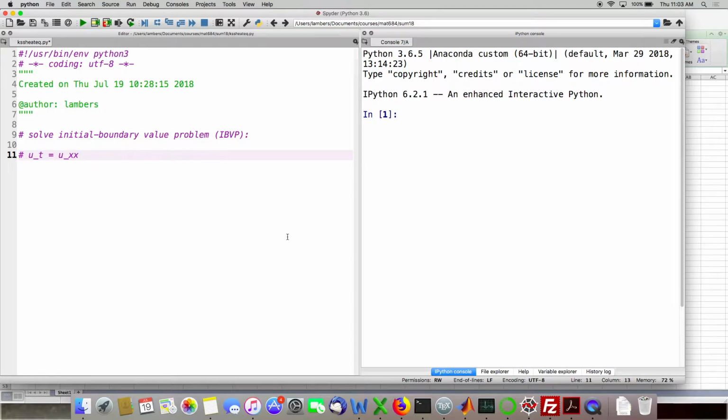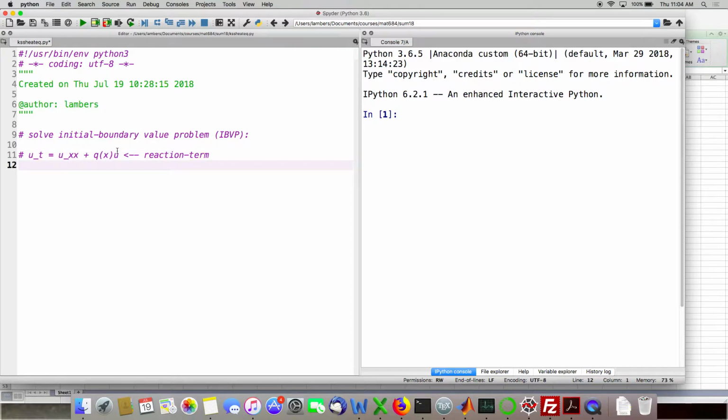So u_t equals u_xx. I'm going to add a term to the right side, q(x) times u. So that is a reaction term. So this PDE is a reaction-diffusion equation. The term involving just u by itself, no derivatives, is a reaction term. The u_xx is the diffusion term.